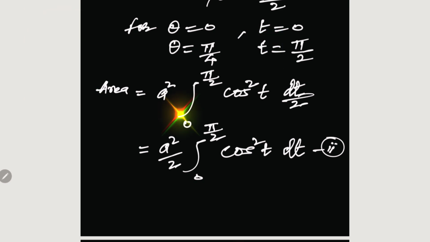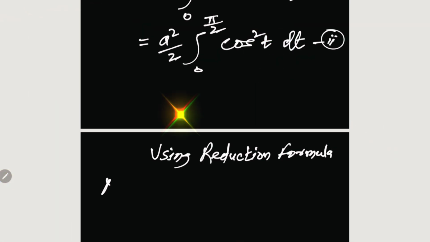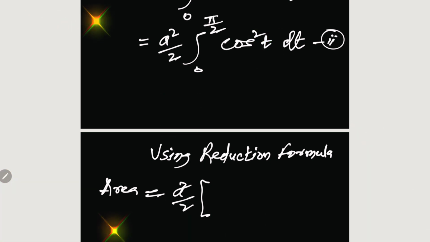Limit 0 to pi by 2, and here it is cos theta raised to m. Therefore, applying that reduction formula, we get area equals a square by 2 as it is, no change. Here the value of n or m, whatever we call, is 2, an even number. The first term is n minus 1 upon n. Therefore, 2 minus 1 we get 1 by n, n is 2. This is the last term.